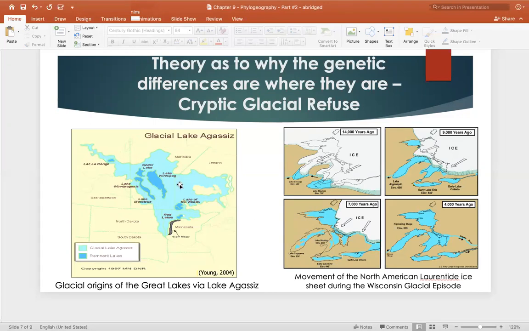If we continue to look at how that glacial lake or that glacial ice sheet moved, we can see that as it moves across, starting at roughly 14,000 years ago and moving to 4,000 years ago in more recent history, this is where we see the formation of the Great Lakes Basin.